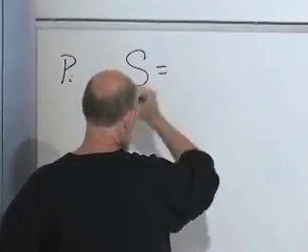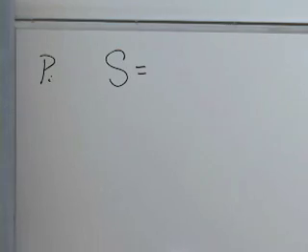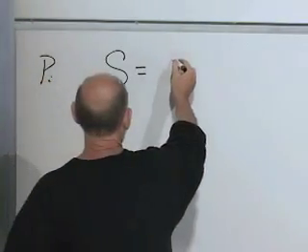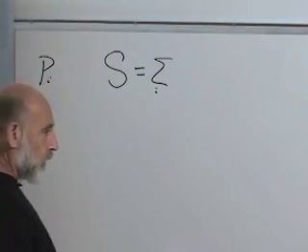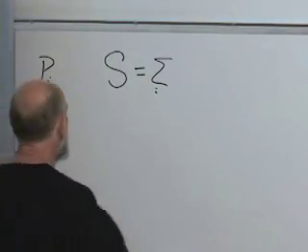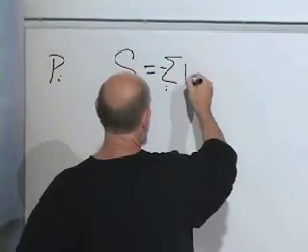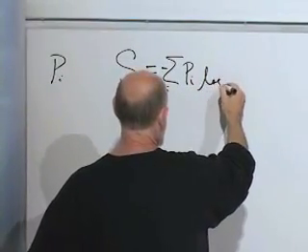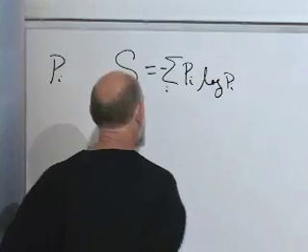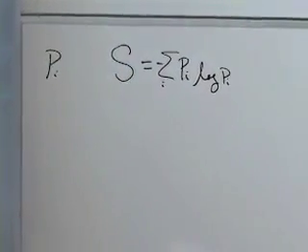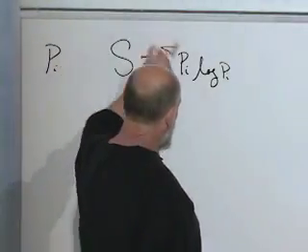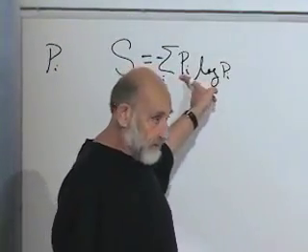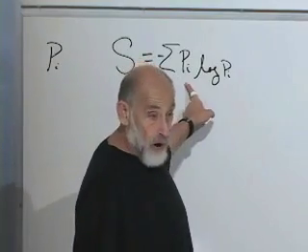This is the definition of it, but we can say what it means roughly. It's the sum over all of the possible possibilities of minus p sub i times logarithm of p sub i. That's its definition. If only one of the p's is non-zero, then it's got to be 1.